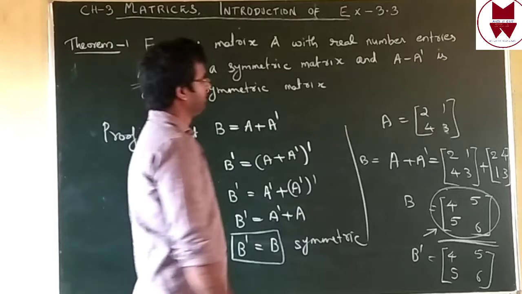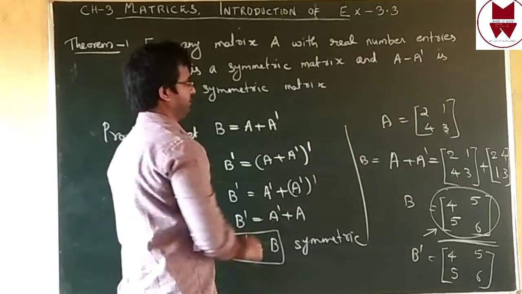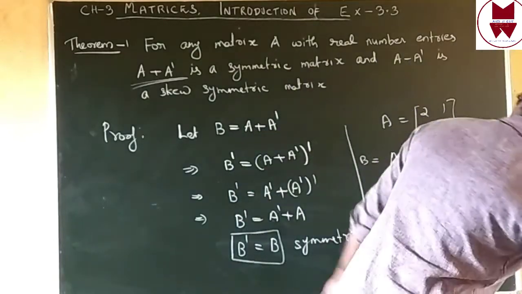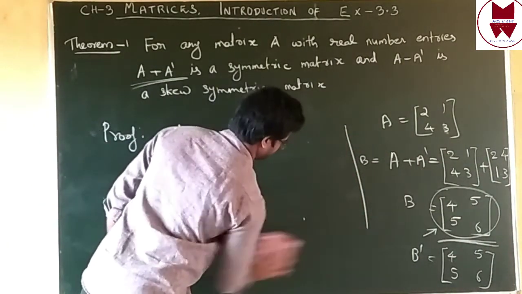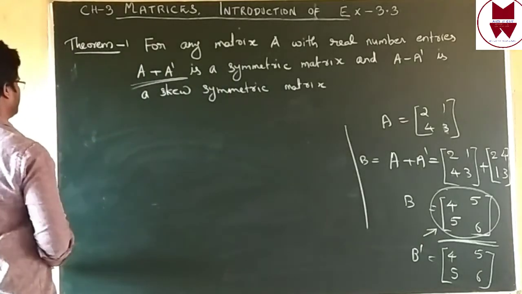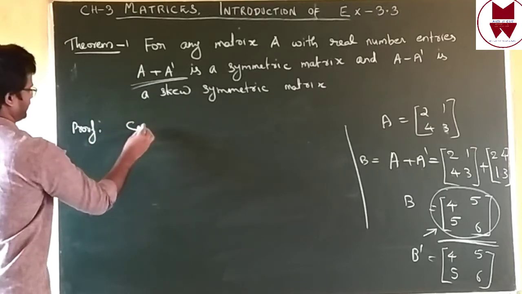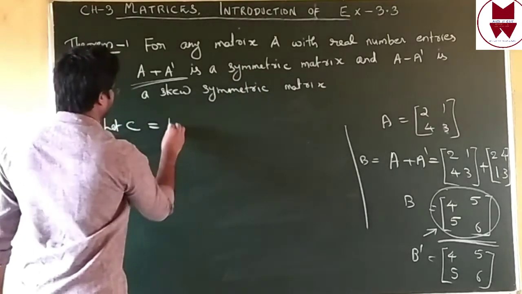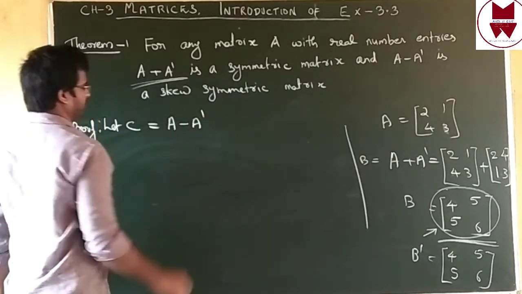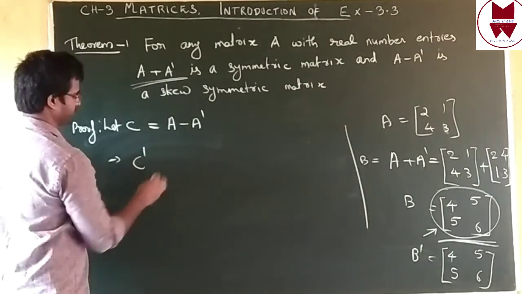Second part: A minus A transpose is a skew symmetric matrix. We can see the second part. Okay, prove. I am taking another, let C equal to A minus A transpose. Take transpose on both sides.